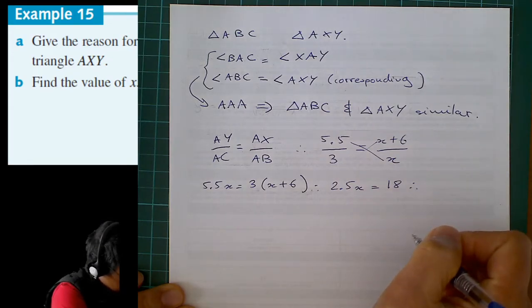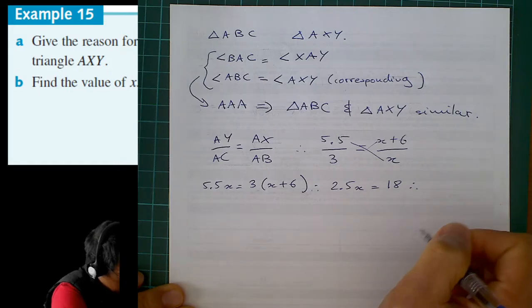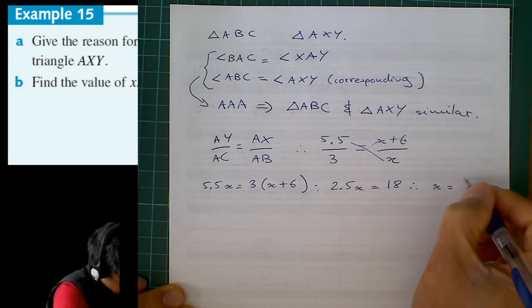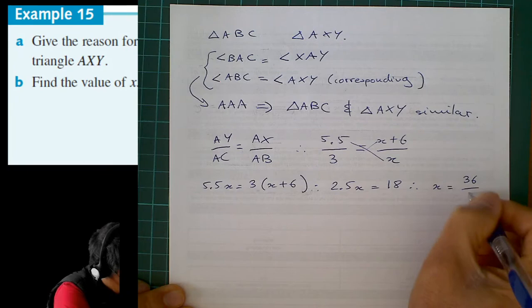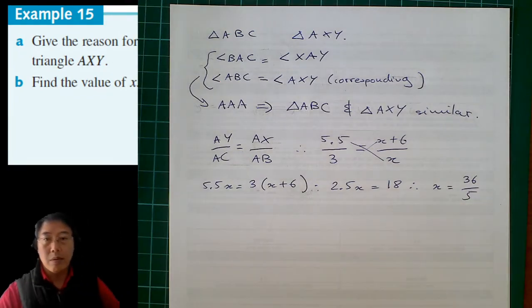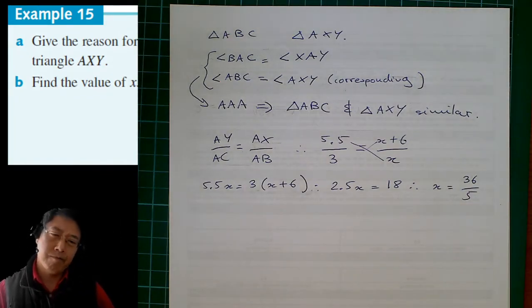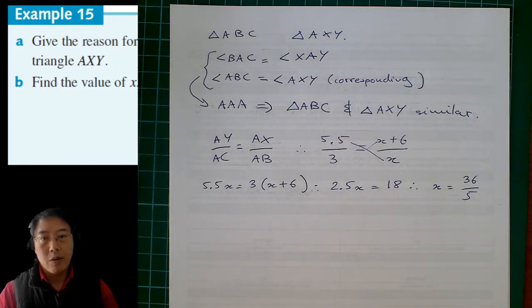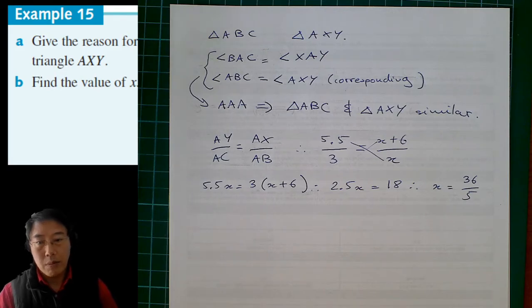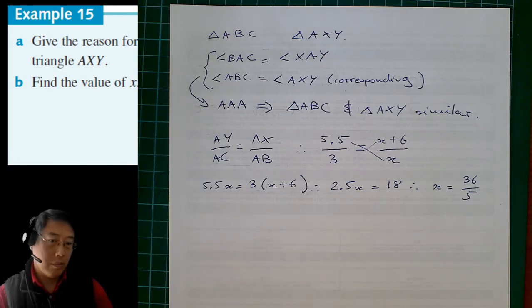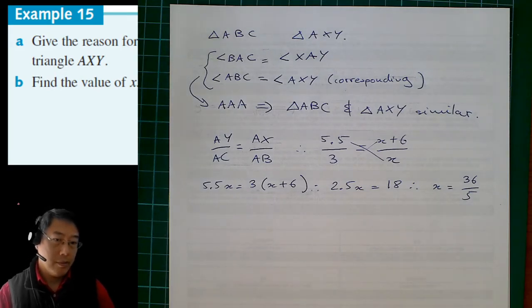That's 5 over 2, so x is 36 over 5. Okay? Hopefully. Yes. Okay.